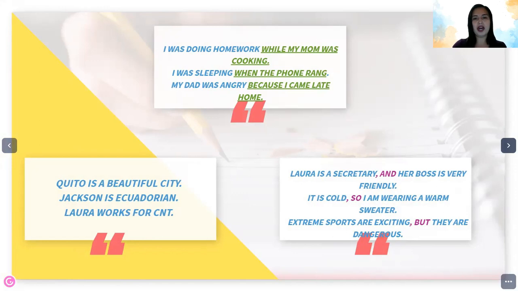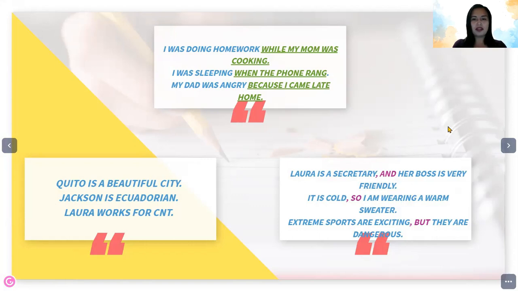In the first case, we have simple sentences with subject, verb, and complement. On the second case, we have compound sentences with the subordinating conjunctions. And on the last example, we have the complex sentences with the dependent clauses, but they don't know this yet.